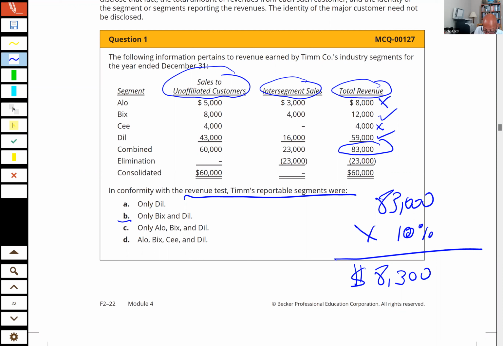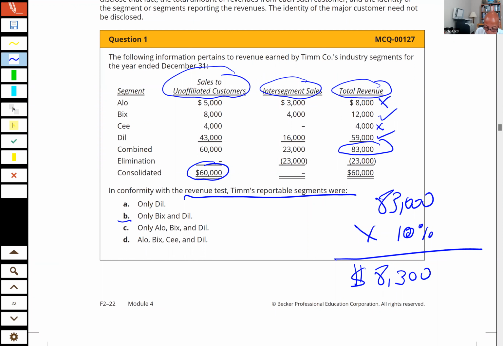The 75% sufficiency test says I should take the consolidated revenue and see if the segments I've identified using the 10% test give me at least 75% of the consolidated revenue being reported.